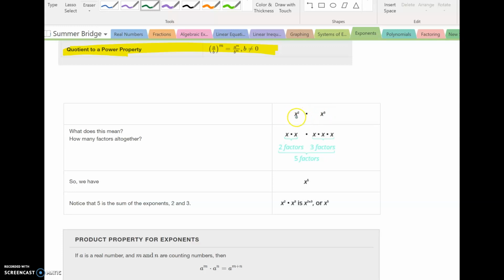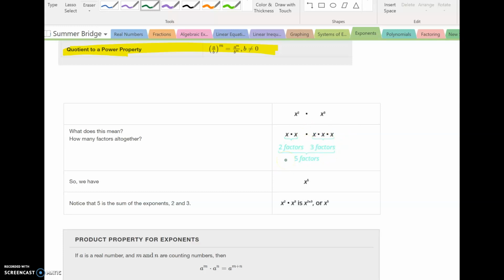What I'm really looking at is, say if I have x squared, that's really x times x. So basically x multiplied twice, or by a factor of 2. And x cubed is really multiplying x 1, 2, 3 times, because the 3 represents how many times I'm multiplying. So I'm multiplying by x 3 times, or a factor of 3.